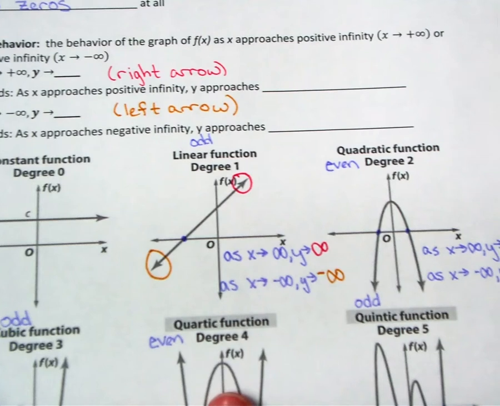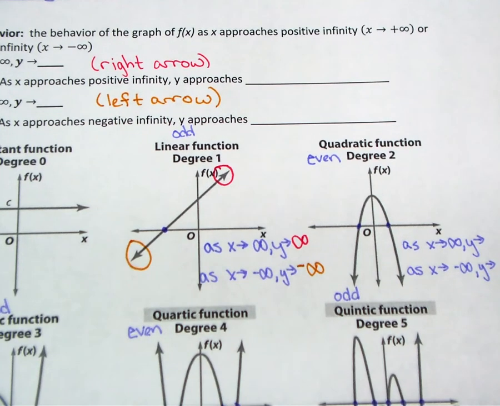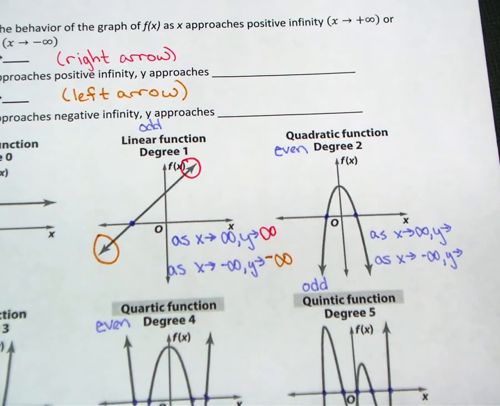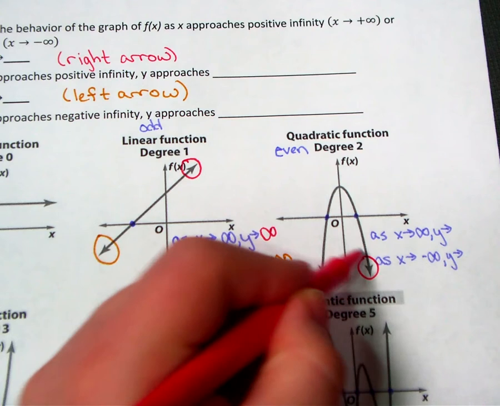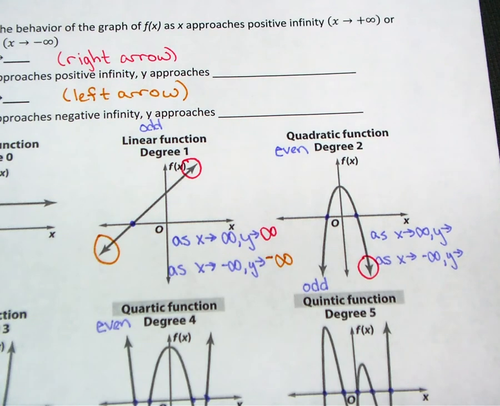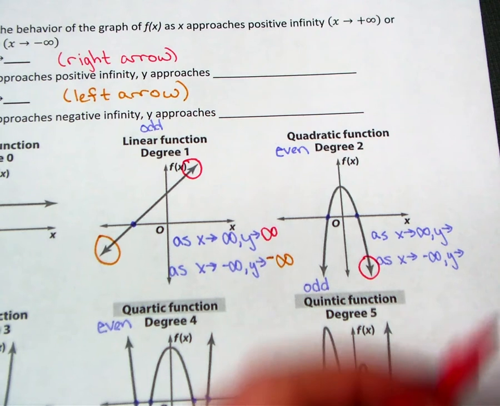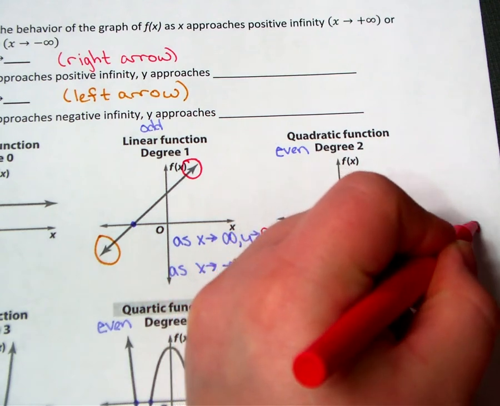Let's look at the sample quadratic function. So for the right arrow, that's x approaching positive infinity. It's pointing down, so that means y is getting closer to negative infinity.